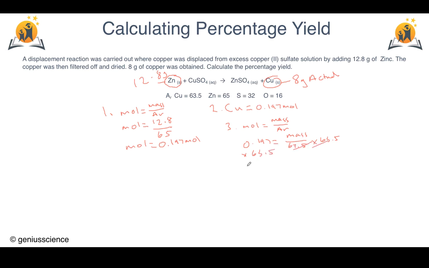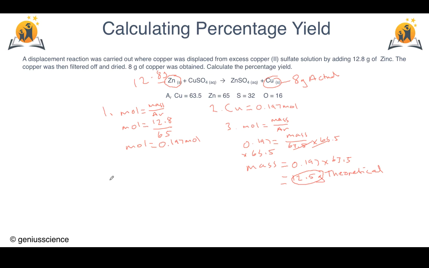We cancel out, so the mass is equal to 0.197 times 63.5, giving us a maximum mass of copper of 12.5 grams, and that 12.5 grams is, just going to circle it there, our theoretical yield. So that's the maximum possible that could have been obtained.